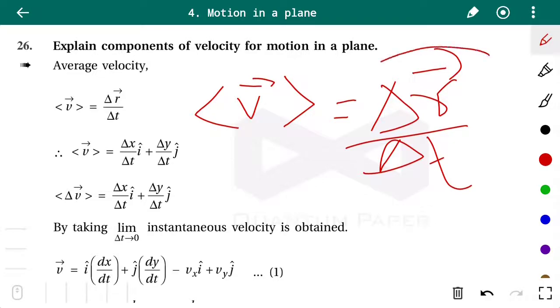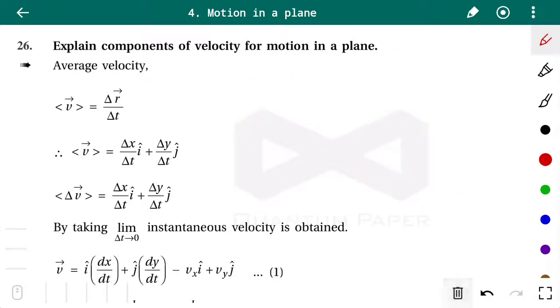So here we are talking about the plane. So the displacement will be in the plane. That means it will have the x coordinate as well as the y coordinate.